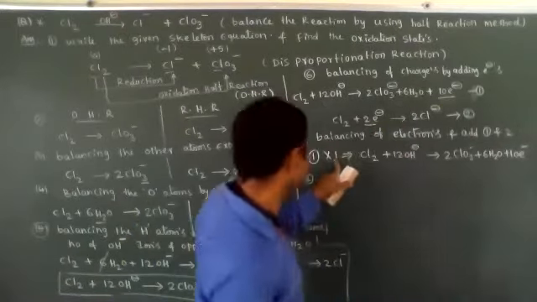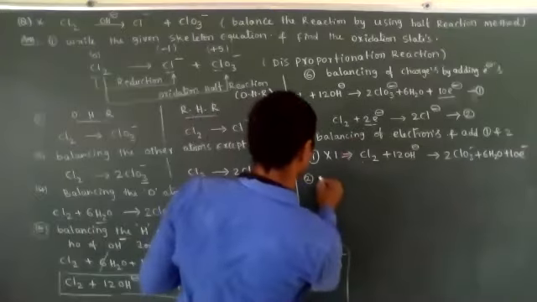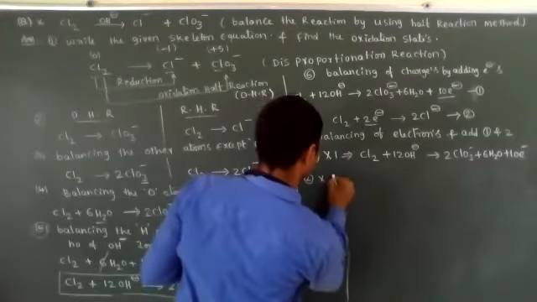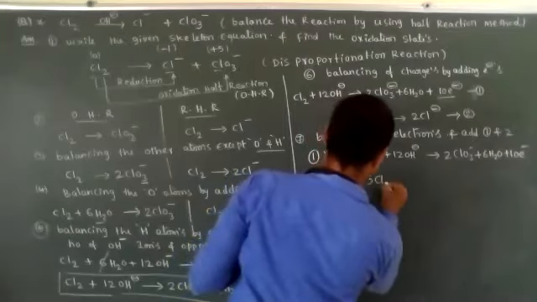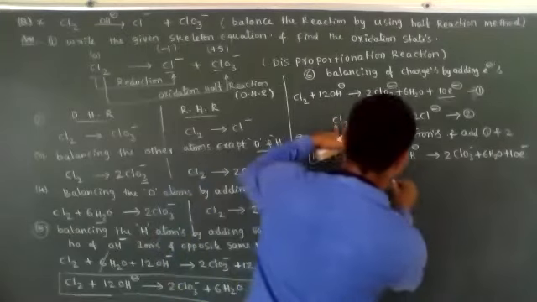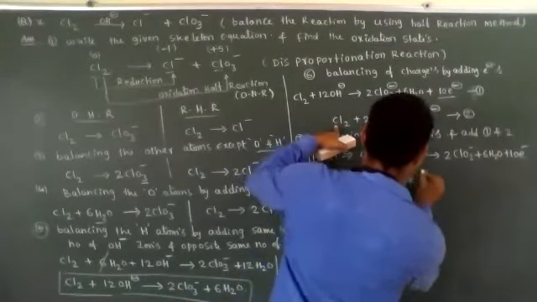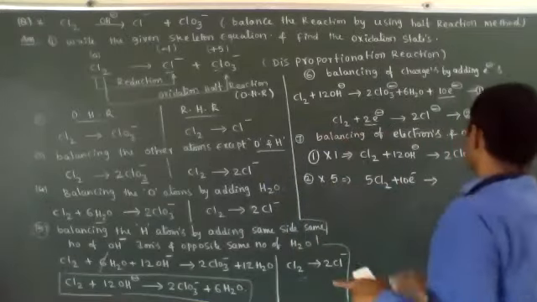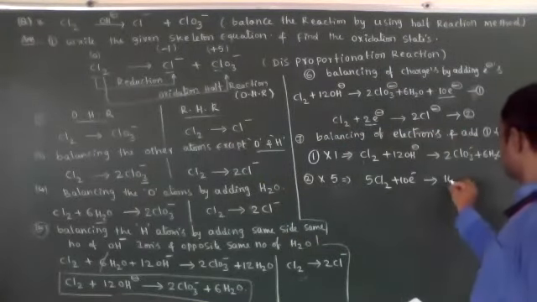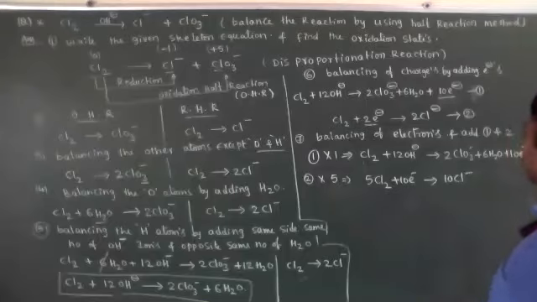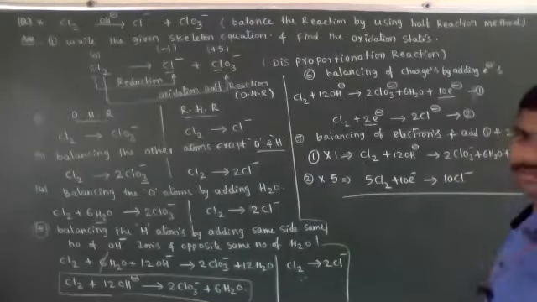Just this equation I multiplied with 1. But this equation I multiplied with 5. Then 5Cl2 plus 10 electrons converted into 10 Cl minus. Then I add both.